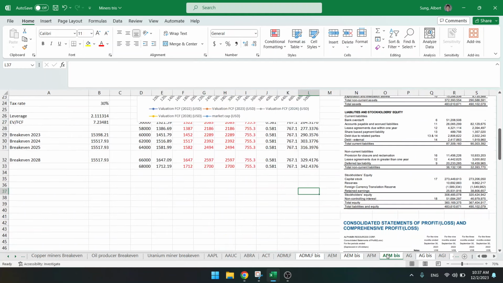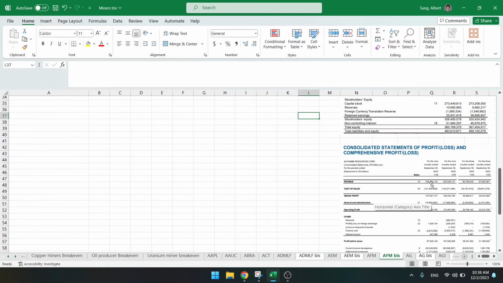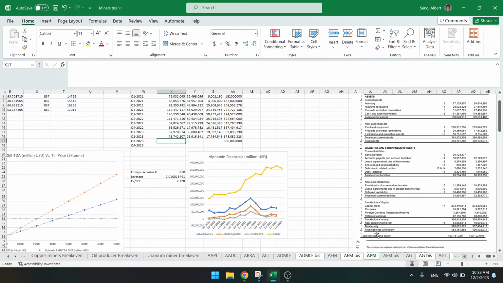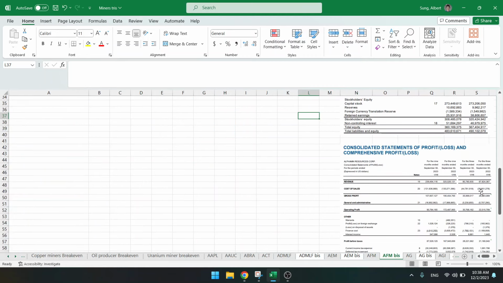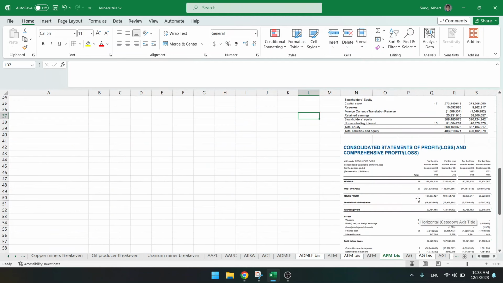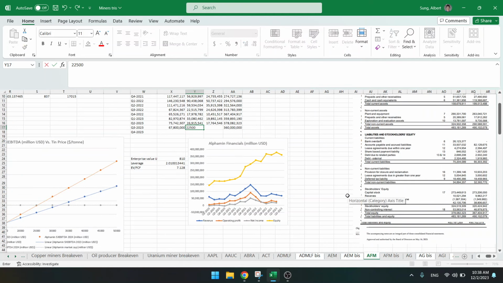Revenue 239.5. Well, actually not. For the 3 months is 67.8. So yeah, revenue is down. Then we have operating profit of 22.5. That's also down.